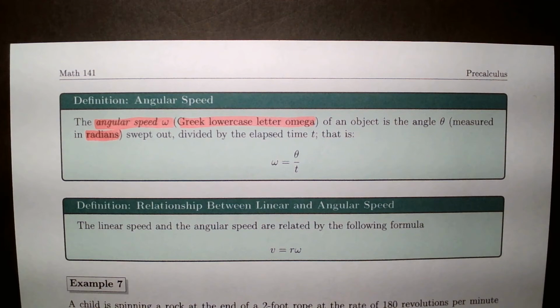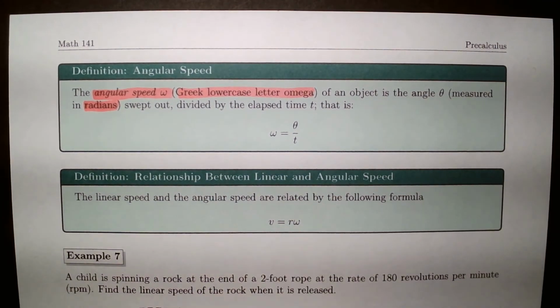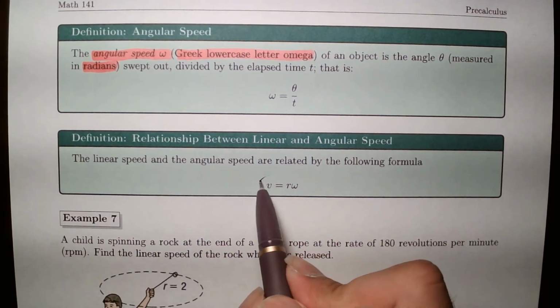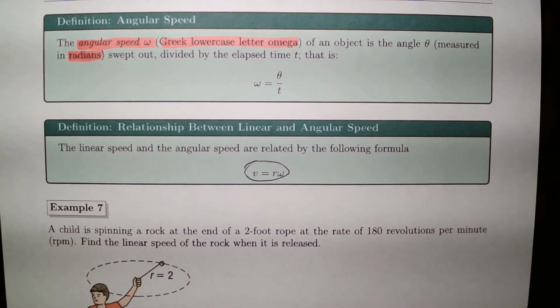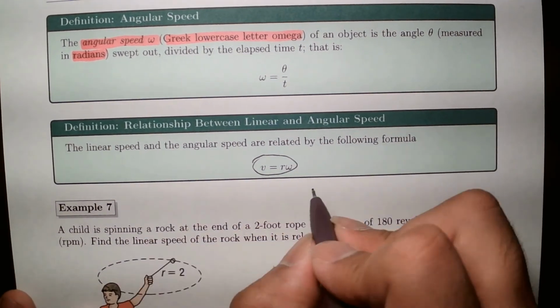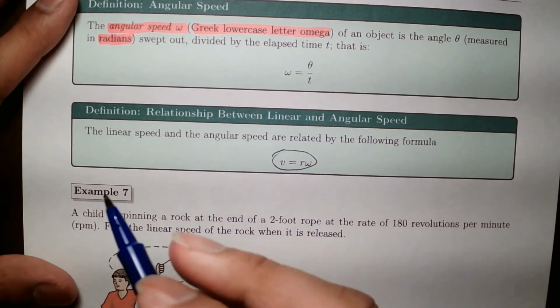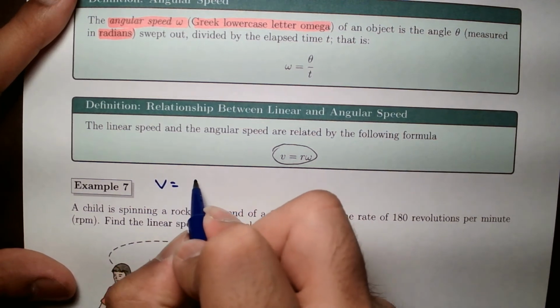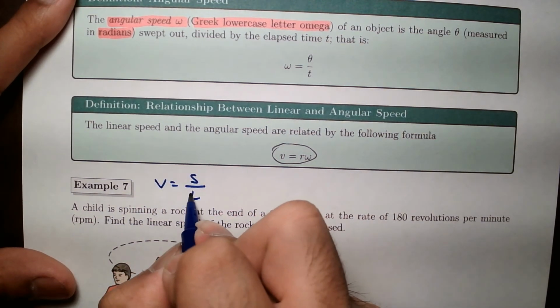And then we can further combine linear speed with angular speed using this simple formula. But where is this formula coming from? It would be worth to look at this. We know that linear speed is distance over time.